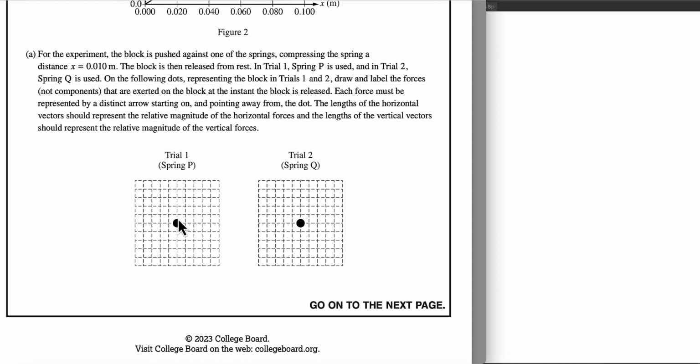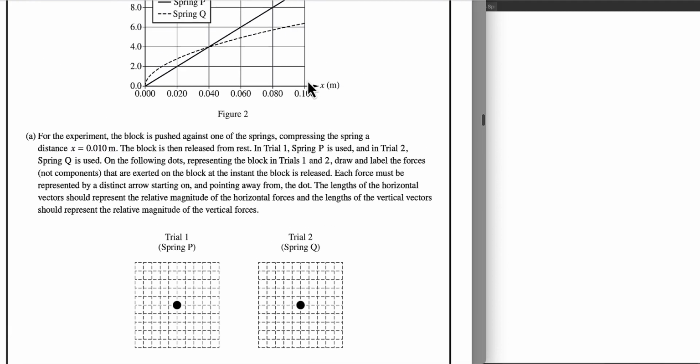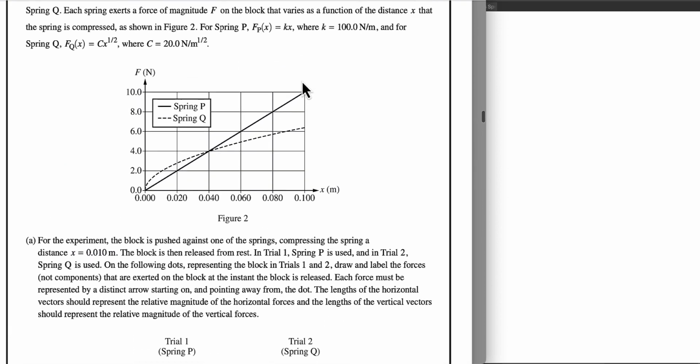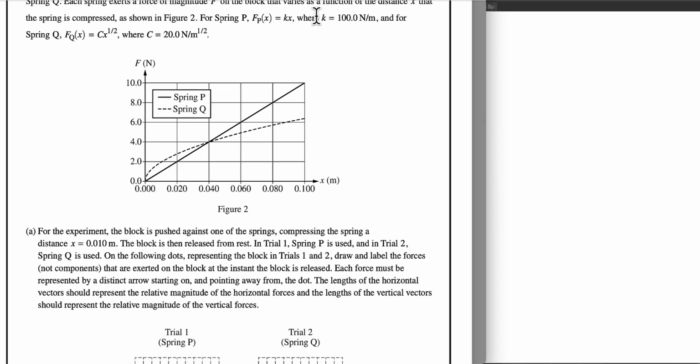So when I draw these two diagrams for the two situations, I need to compare the two horizontal spring forces and draw their lengths according to their relative strengths, which we can calculate, because we're given this x value. So let's first calculate the two spring forces using the expressions given.